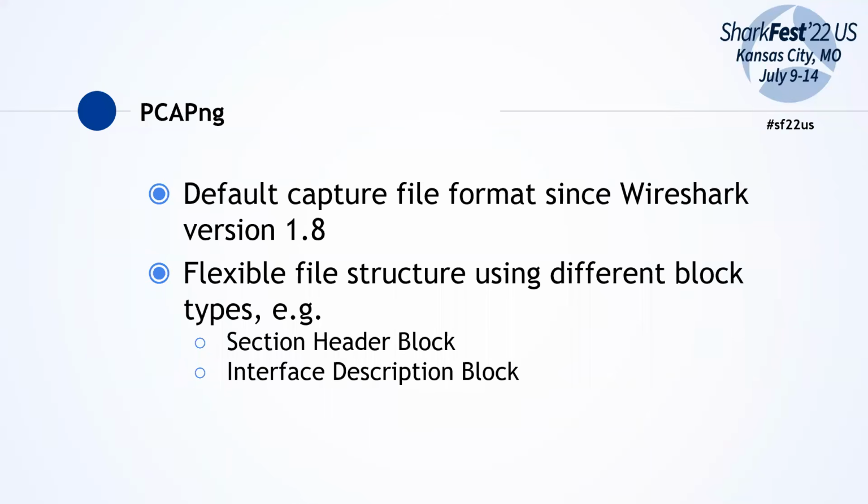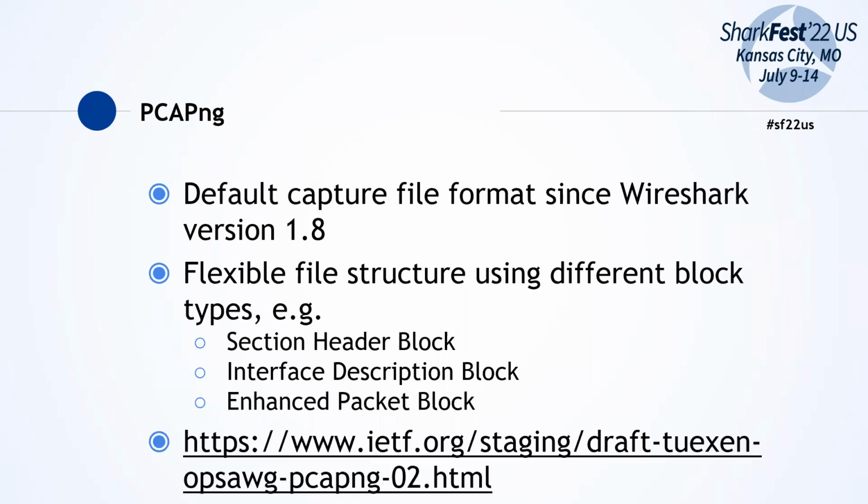PcapNG can, because it has interface blocks describing all the interfaces that you capture on, and it doesn't matter if it's Ethernet, token ring, USB, whatever, because every interface that you capture on will have an interface description block written into the file. And all the packets are written in enhanced packet blocks, and they reference the interface that they are coming from, so that you can separate them again.